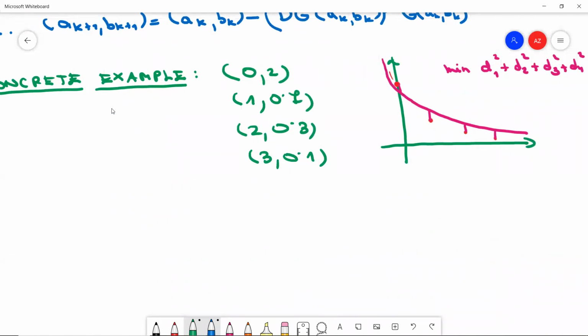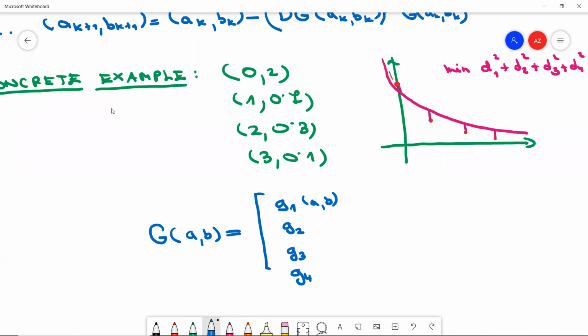So G of A, B has 4 coordinate functions, G1, G2, G3, G4. All those are functions of the unknown parameters A and B.